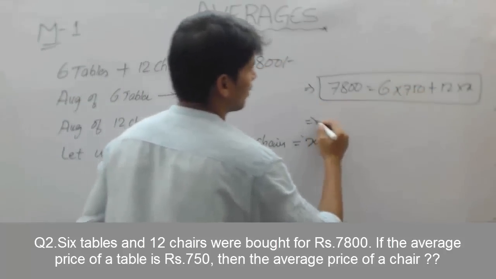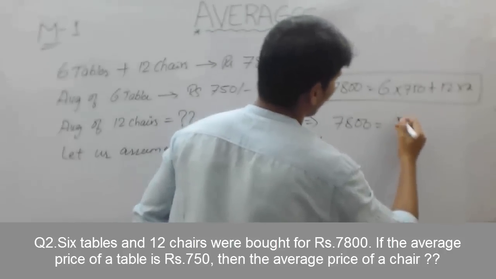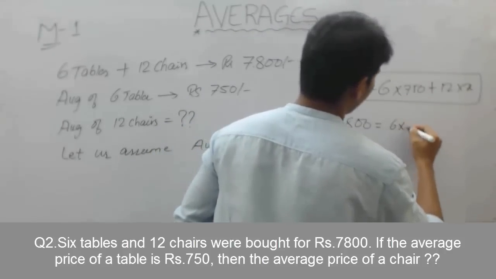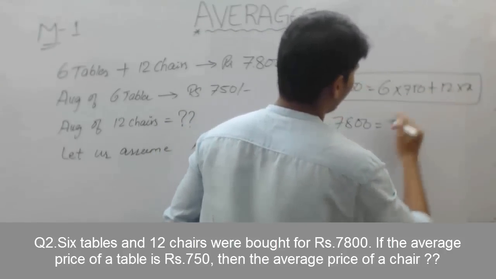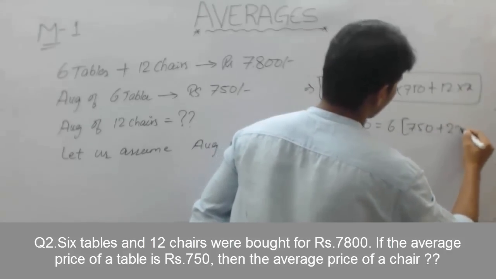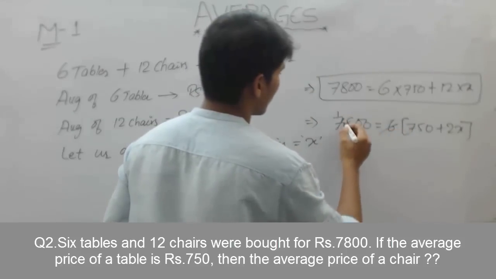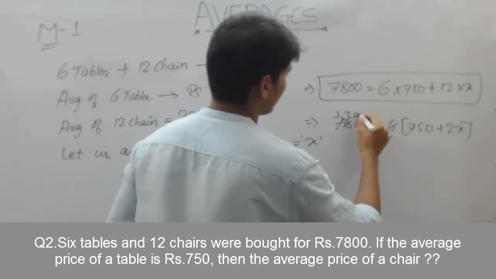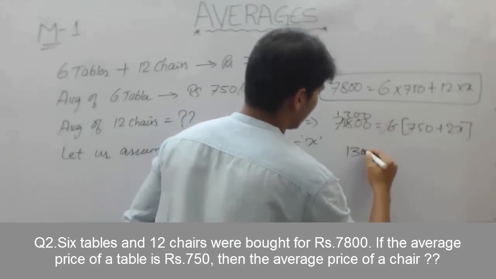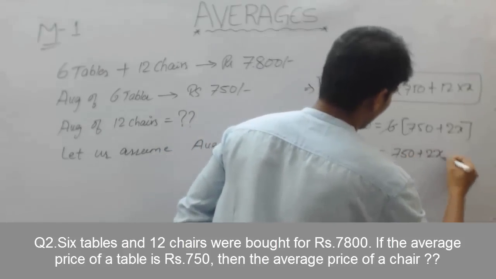Now if you calculate this, 7,800 is equal to 6 into 750 plus 12x. So we can take 6 common: 750 plus 2x. 6 1s are 6 and 6 3s are 18... so this is 1300. So 1300 is equal to 750 plus 2x.